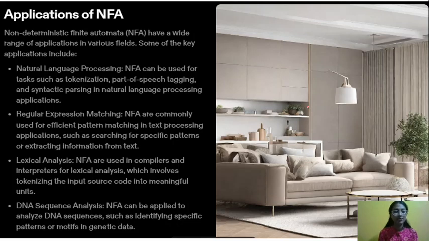Lexical analysis: it is used in compilers and interpreters for lexical analysis, which involves tokenizing the input source code into meaningful units. And for DNA sequence analysis, NFA can be applied to analyze DNA sequences, such as identifying specific patterns or motifs in genetic data.